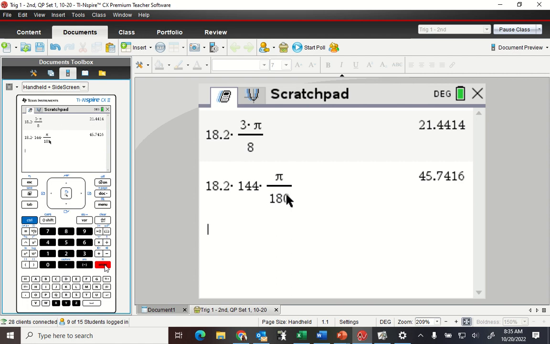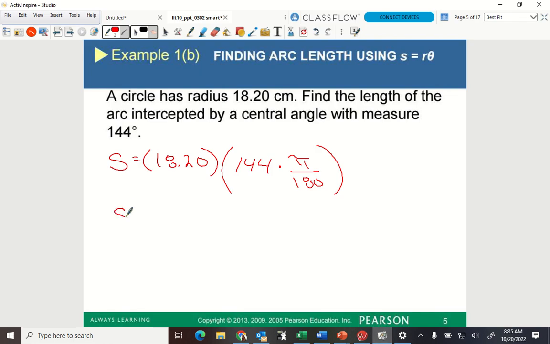So I get 45 point... Say it again. 74. What are my units?